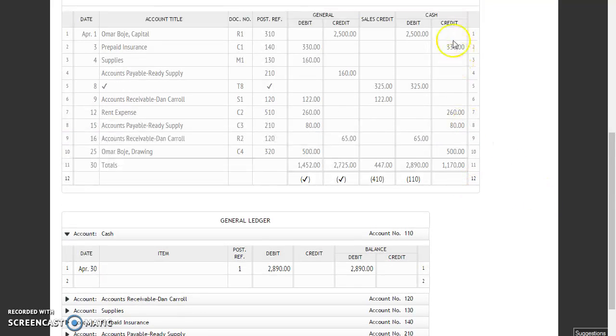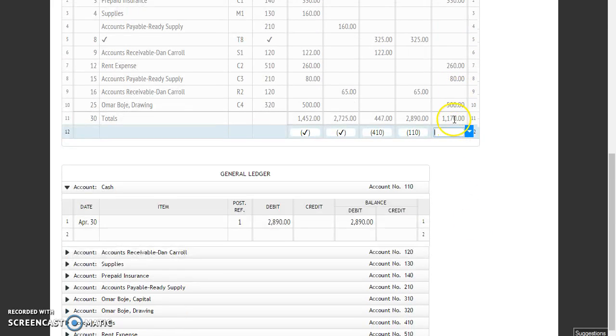Last one, I have a cash credit. I have my cash debit and my cash credit. So I have my cash credit of $1,170. Still working on April 30th, but I don't need to repeat the month. Still working on journal page 1, but I have a cash credit this time of $1,170.